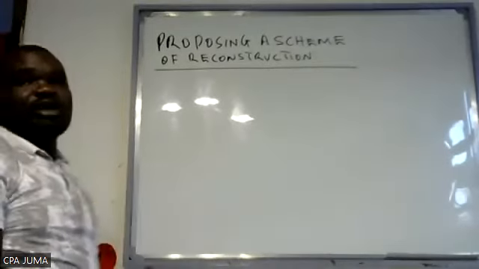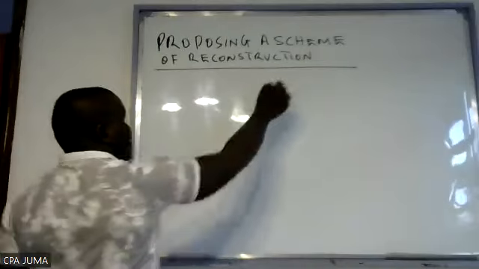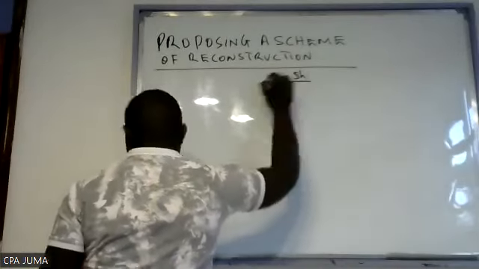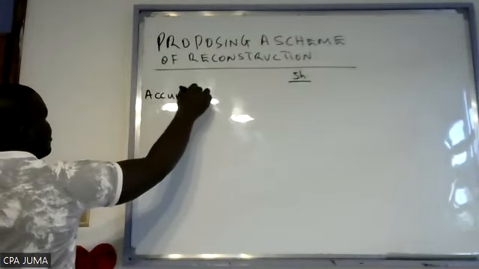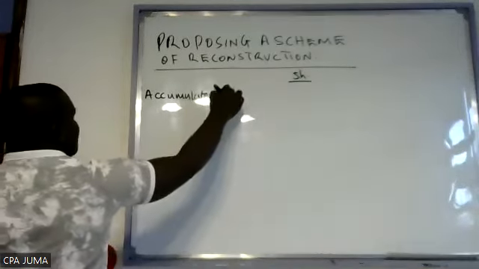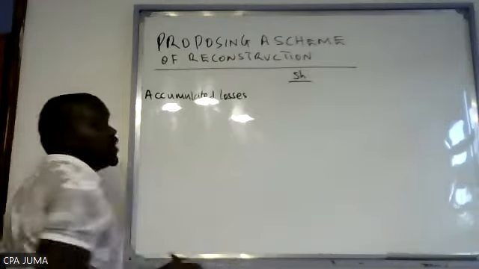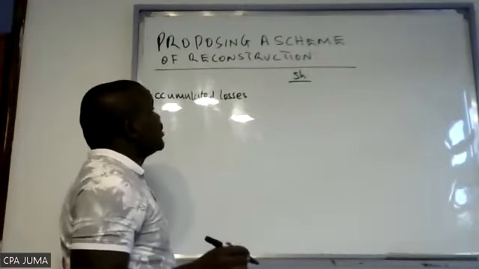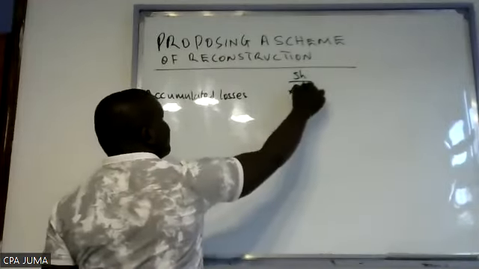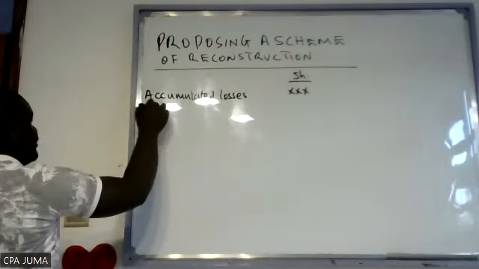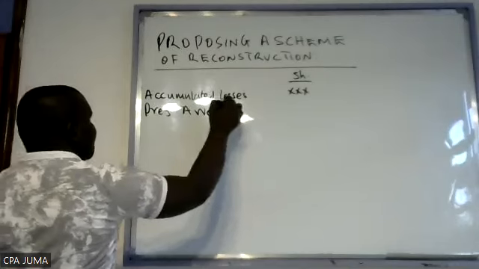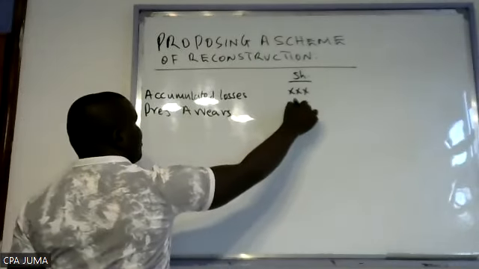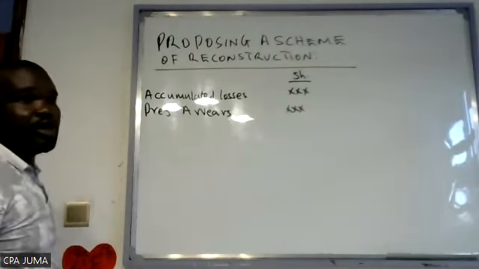The estimated maximum loss, you will check accumulated losses, the negative retained earnings, preference dividends in arrears, if they have not been paid, will form part of the losses.